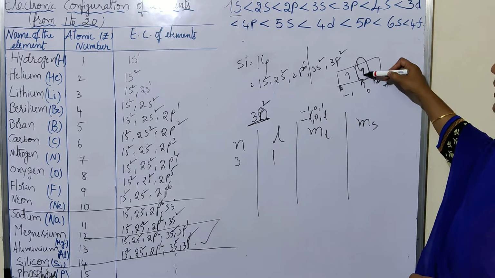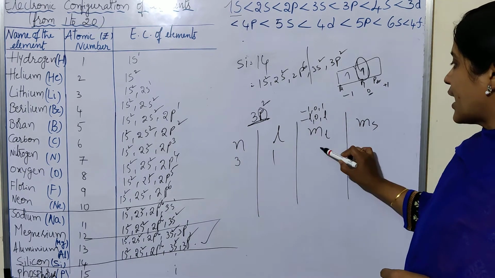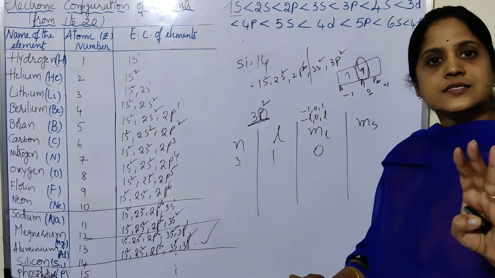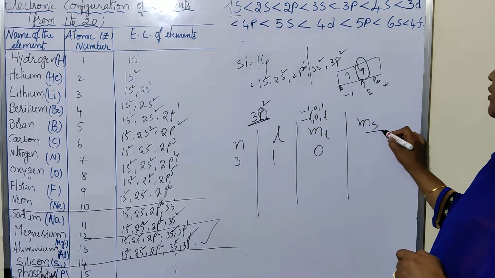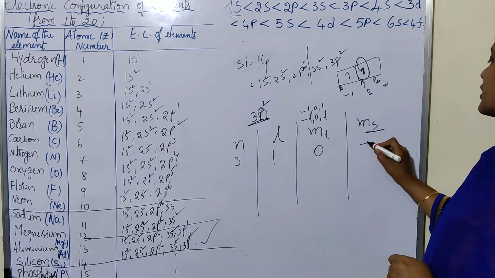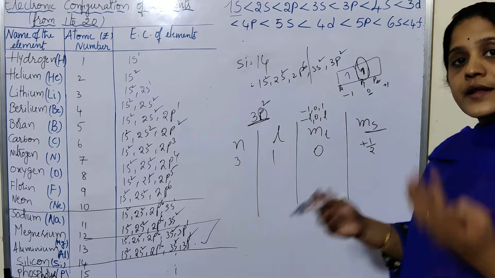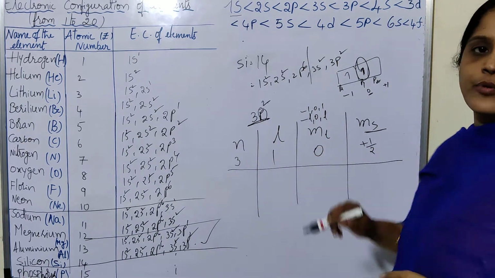So for py, the m value is equal to 0. So here you have to take the m value as 0. Clear? Then what is the spin of this electron? In each orbital, one electron you have to take as positive, and another electron you have to take as negative. So this is very, very important.